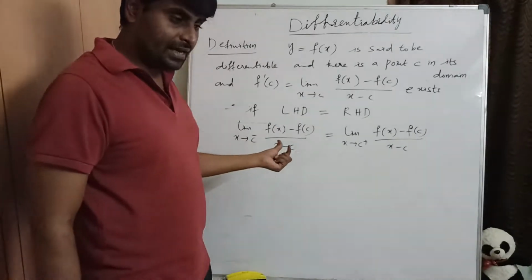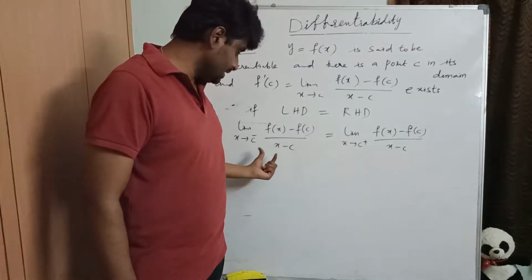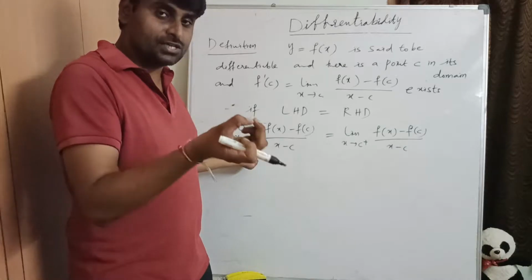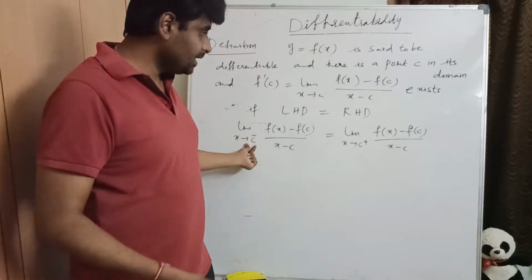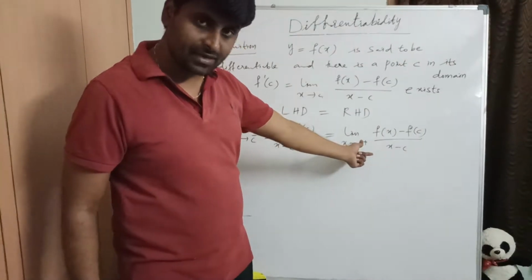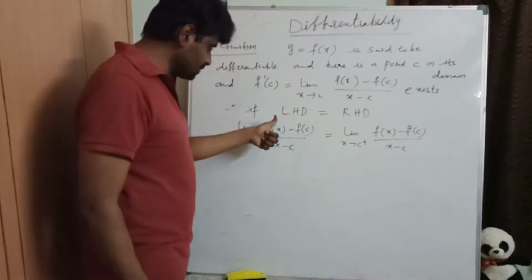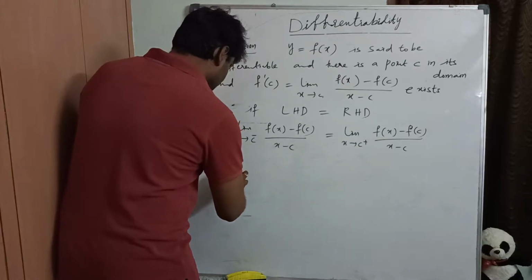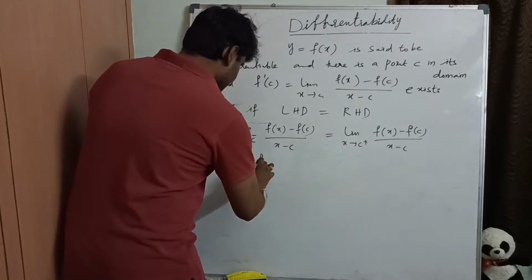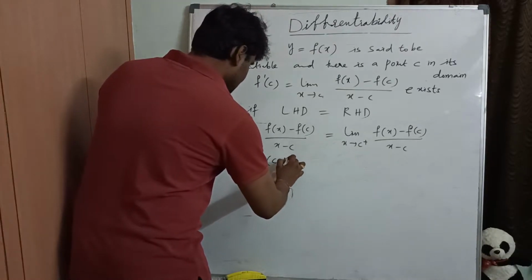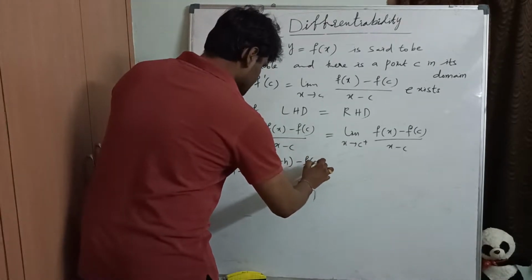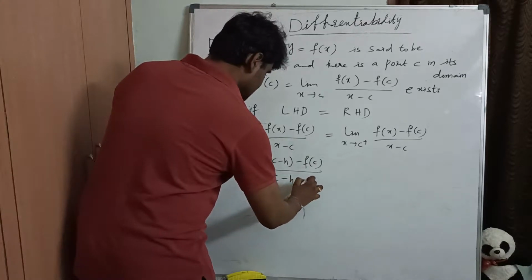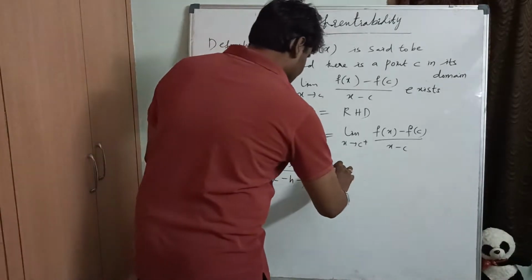Generally, how can we find LHL and RHL here? For finding the left hand limit, we'll take C minus some quantity h which is tending to 0. Here also we can substitute C plus h. Let us substitute C minus h here, so we convert into h tends to 0: f of C minus h minus f of C. In place of x we write C minus h, so minus C gets cancelled.